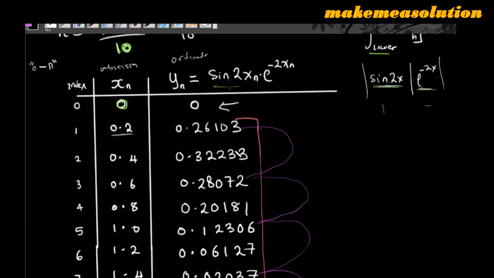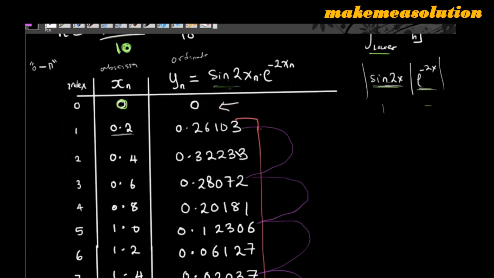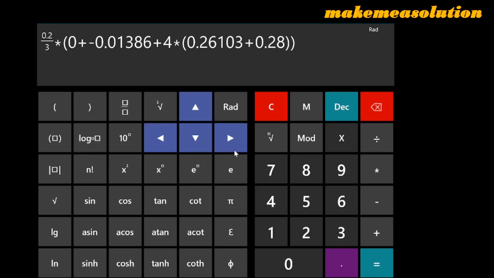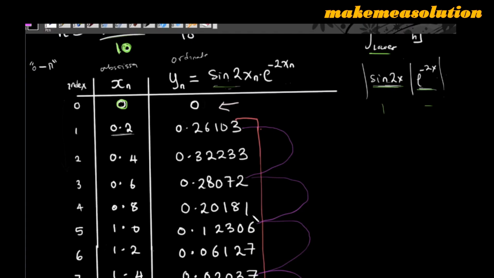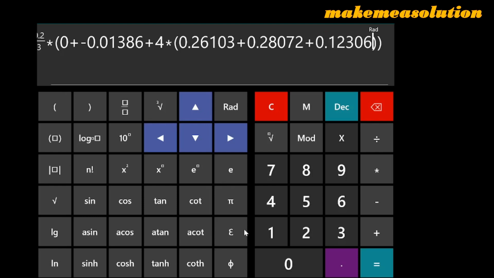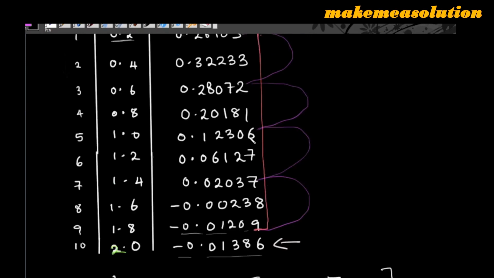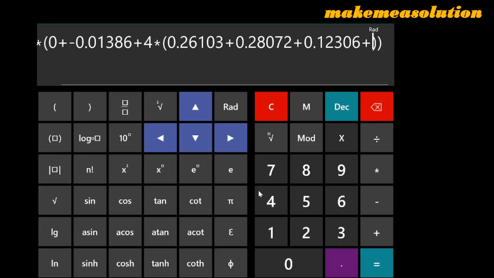103 plus 0.28072 plus the next one is 0.12306 plus we have 0.02037.